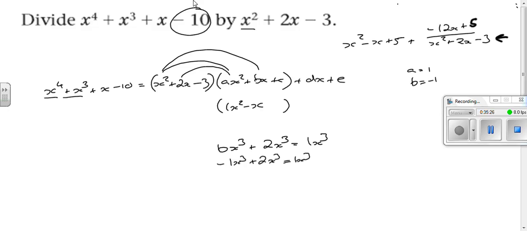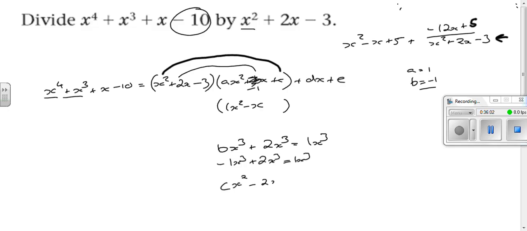And then what we're going to do is have a look at the x squareds. So to make an x squared, we have a look at x squared times c, so that's going to be cx squared, plus 2x times bx, and we know that b is minus 1, so that's minus 2x squared.